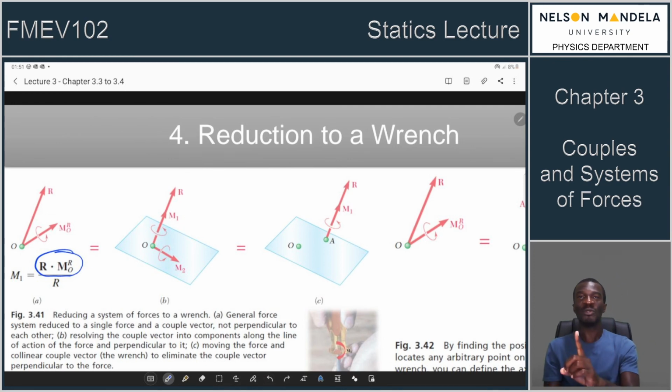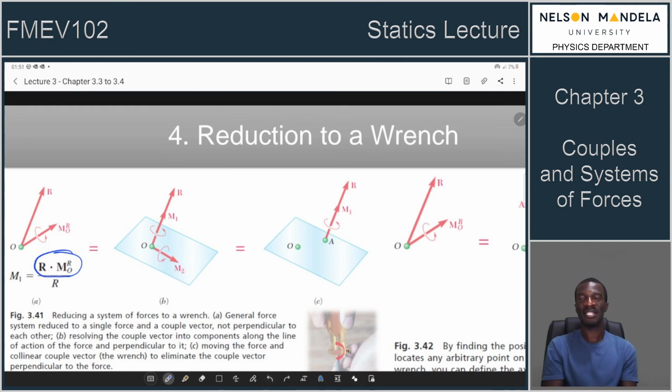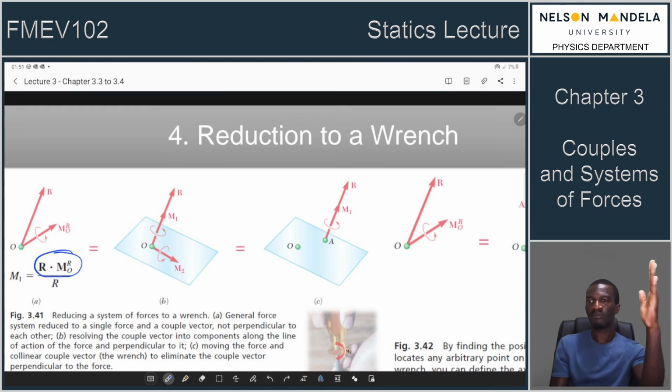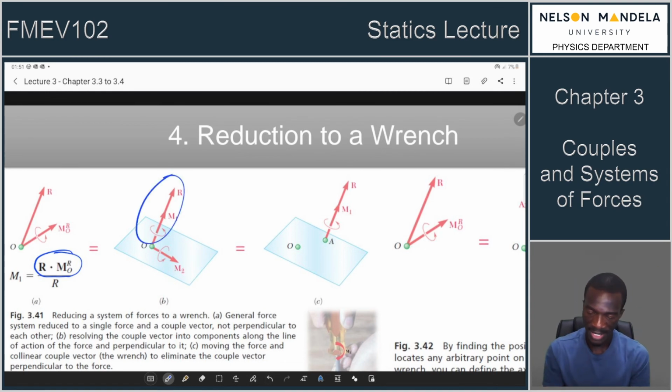But for you to maintain the equilibrium status of the system, this one had a component, isn't it? So you will need to define that component. As long as you have projected M1 onto R, then you need to also specify your M2. So this M2 is obviously at 90 degrees to this wrench.